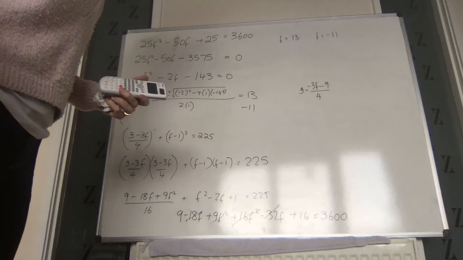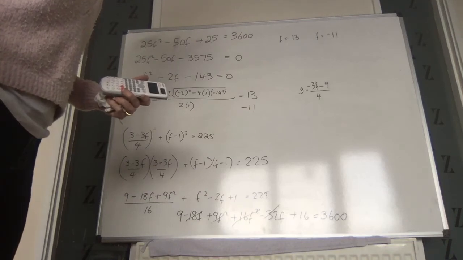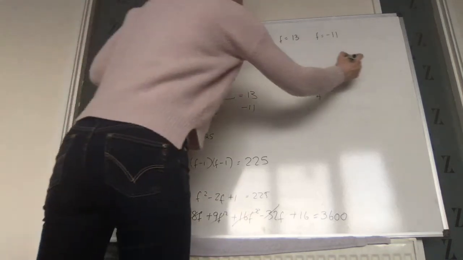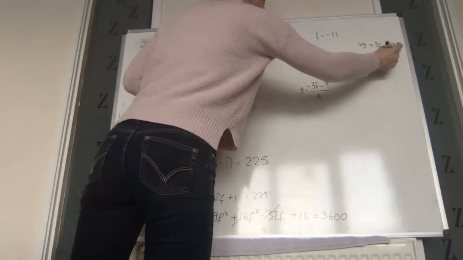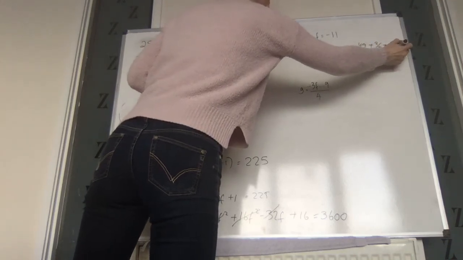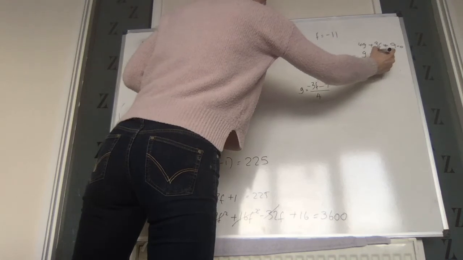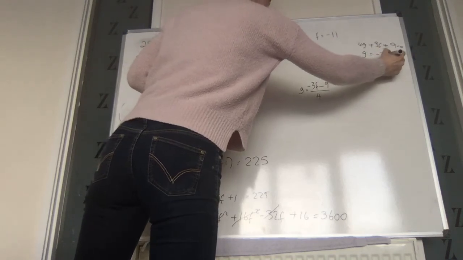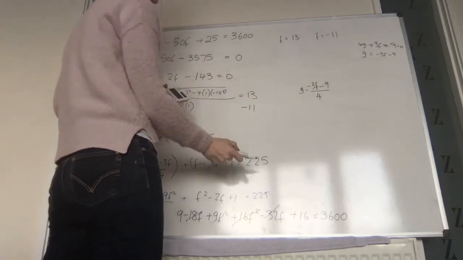So 4g plus 3f plus 9 equals 0. So g was equal to minus 3f minus 9 over 4. I was right. Okay. So g is minus 3f minus 9 over 4.